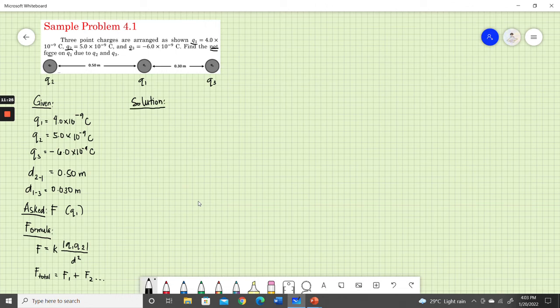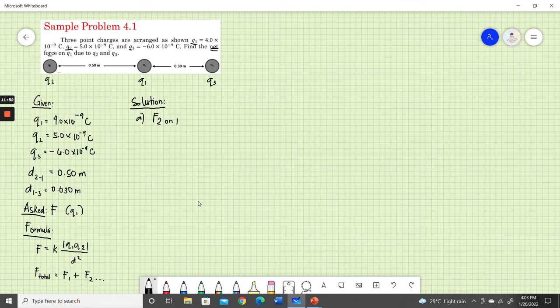Solution. Okay, so let's begin by first finding the force that Q2 exerts on Q1. In order for us to do that, we're going to assume that the force acting on Q1 because of Q2 we can write this way: F2 on 1.